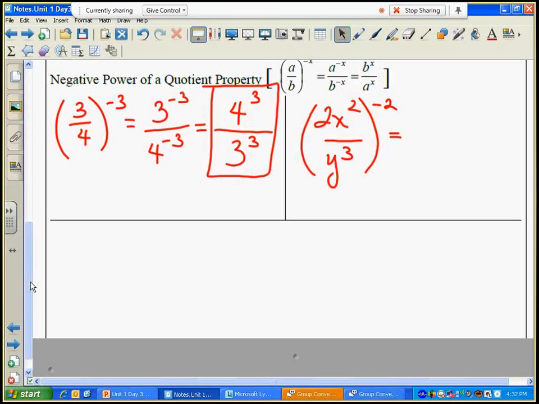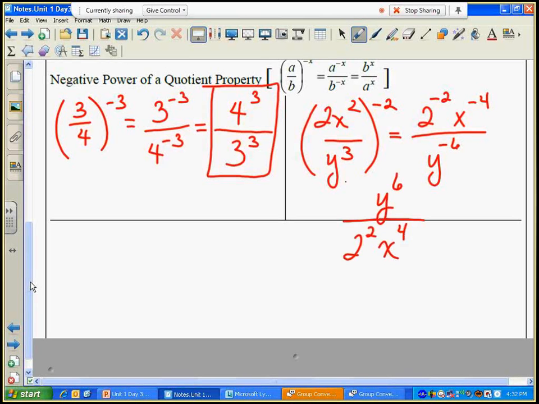Well, there's nothing there. So that means that every piece, the 2, the x squared, and the y are all going to go to the negative second power. It also means that every single one of those pieces are going to get to ride the elevator. The 2 goes down to the bottom, the x goes down to the bottom, and the y ends up going on top.